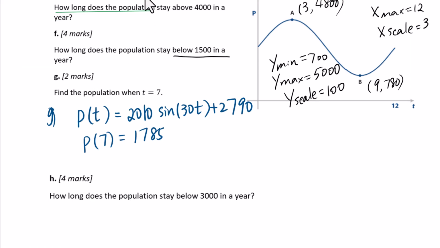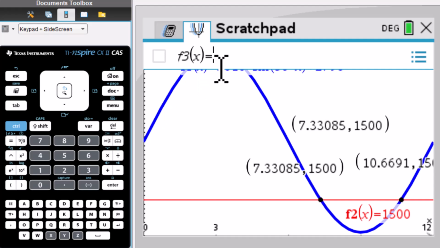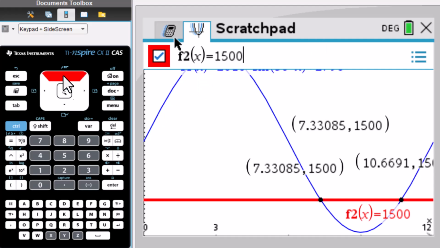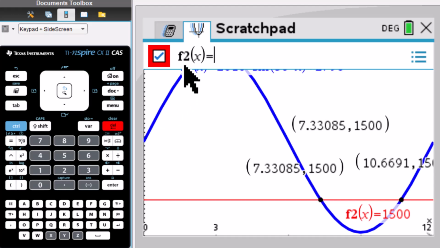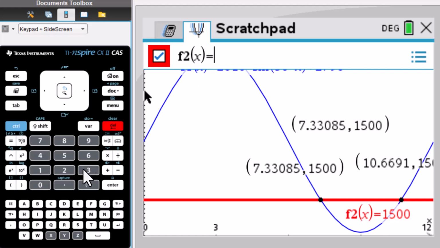Let me add one challenging question. How long does the population stay below 3000 in a year? P of T less than 3000. Go to graph on Scratchpad, upper arrow. Change F2 of X equals 3000.